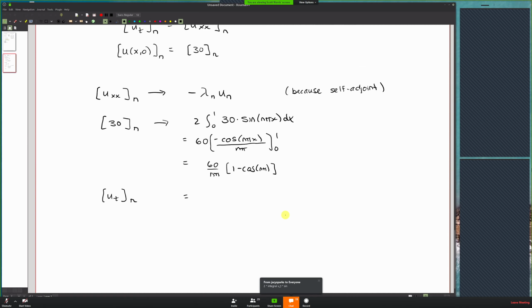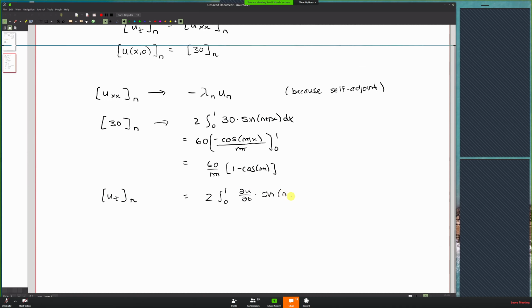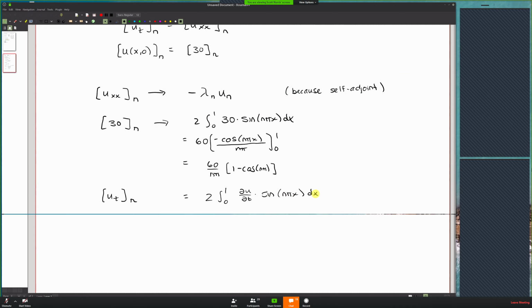Inner products. And so that denominator is a half, and that's where that 2 comes from. So it's 2 times the integral from 0 to 1 of du/dt times sine n pi x dx.